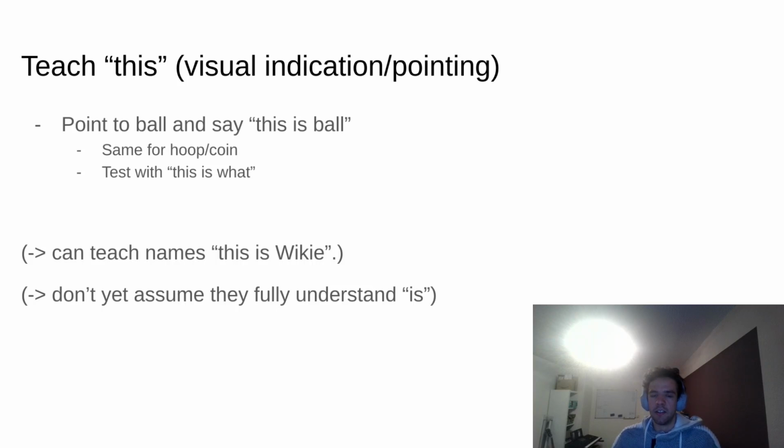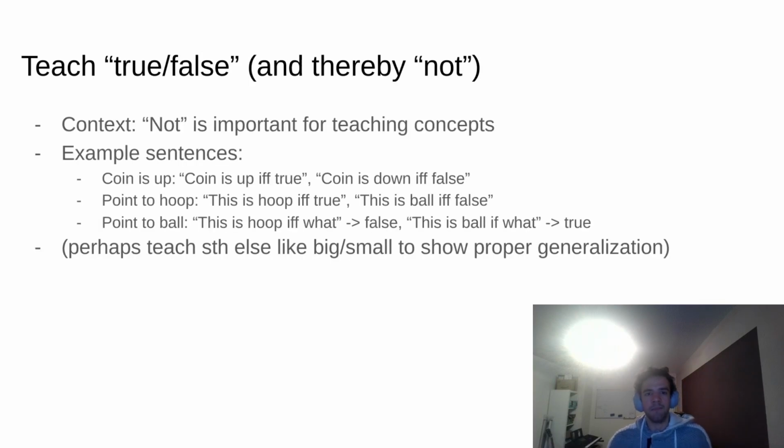But of course, just because they can correctly respond to this and the previous example doesn't mean that they know the word is and can now use it in new examples. We would need a lot more examples with the word is until they might generalize it correctly. And in fact, the way the word is used here is a bit different than the way it's used in the previous example. But yeah, be realistic about what the workers have learned and what not.